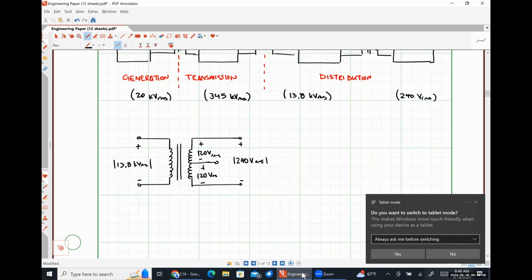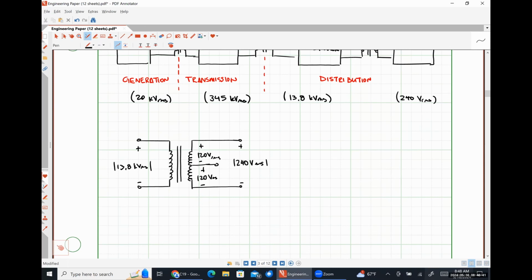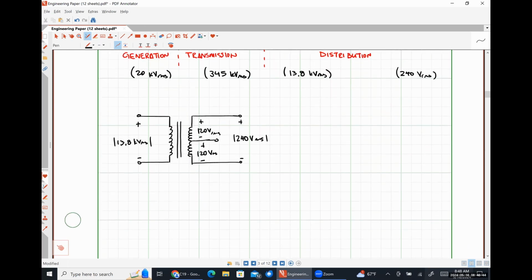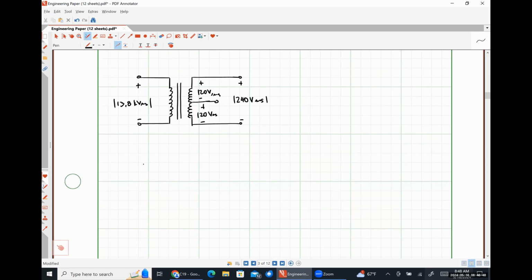Okay, so let's say that we have a situation like this, where we have our 13.8 kilovolts nominally across the primary terminals of our pole pig transformer, which is just the common name for most of the transformers that you see attached to utility poles in residential areas.